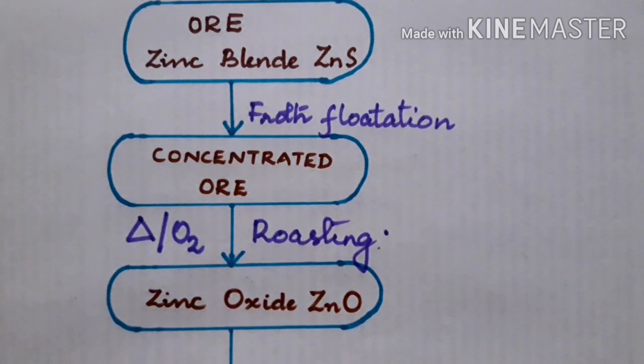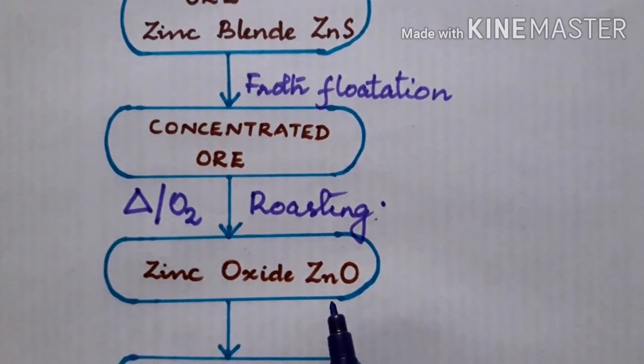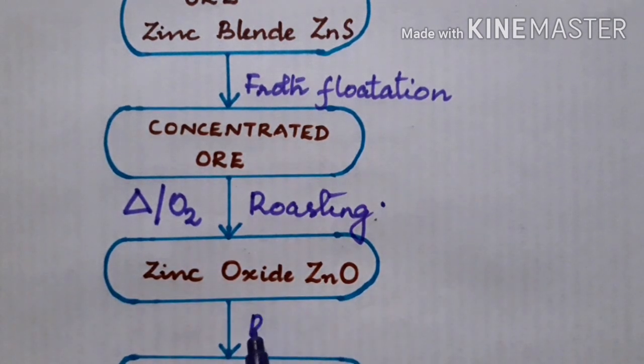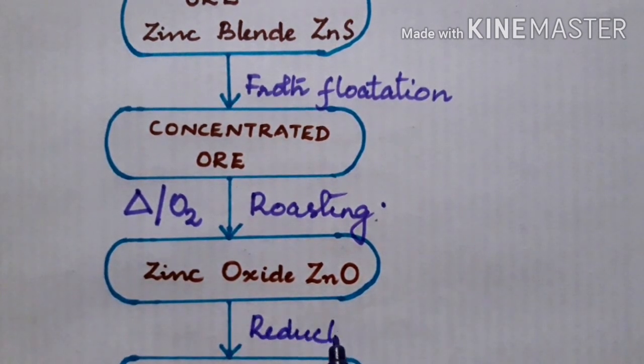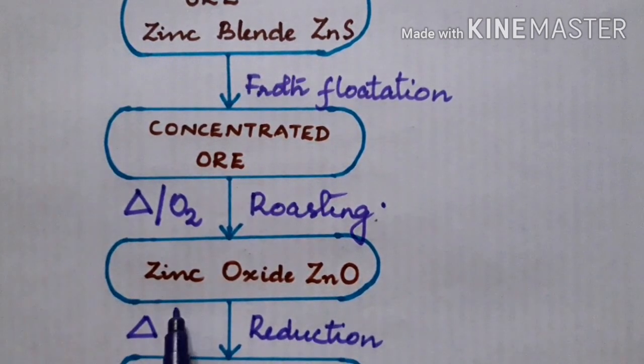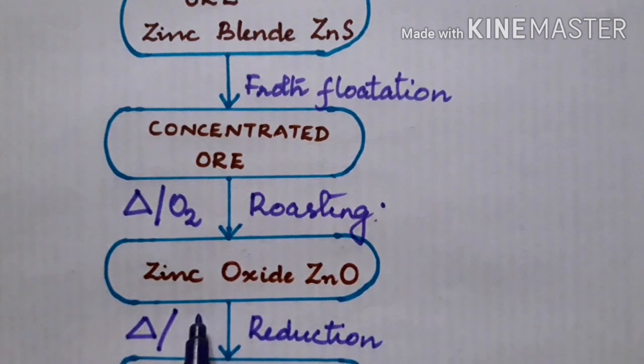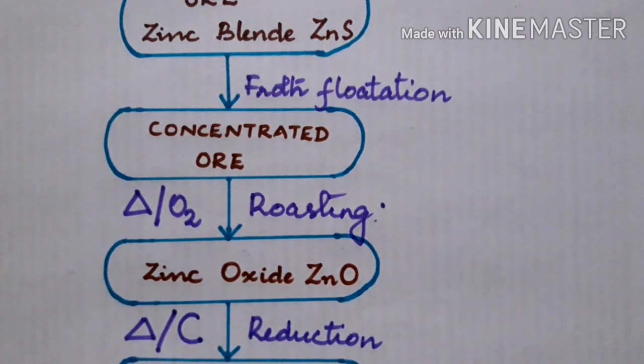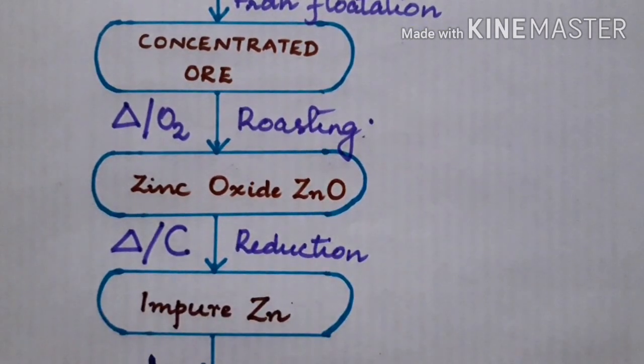Next step involved is the removal of the oxygen to get the metal, and this is called reduction. Reduction is effected by heating it with a common reducing agent, that is coke. On heating with coke, zinc oxide gets reduced to zinc and we get impure zinc.